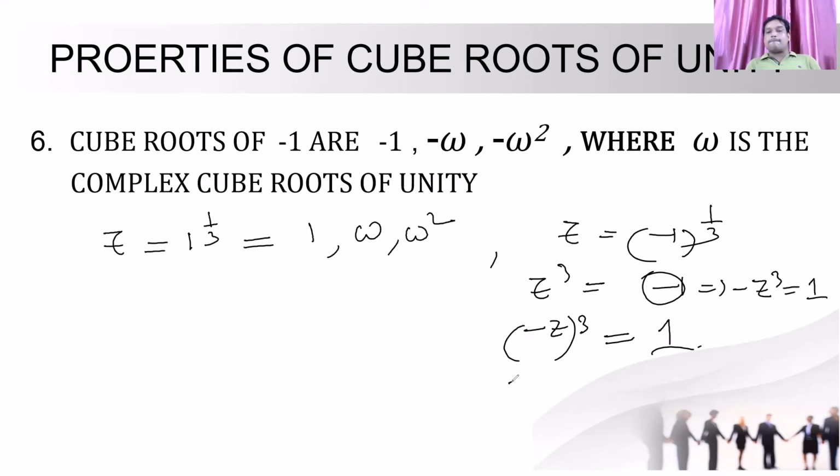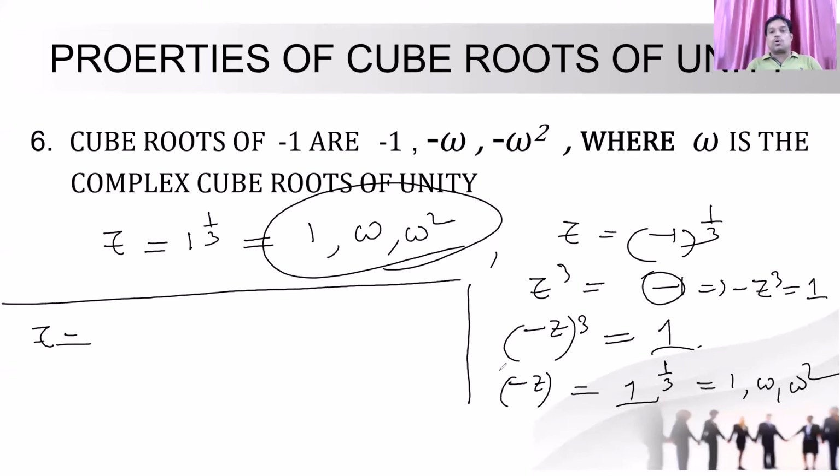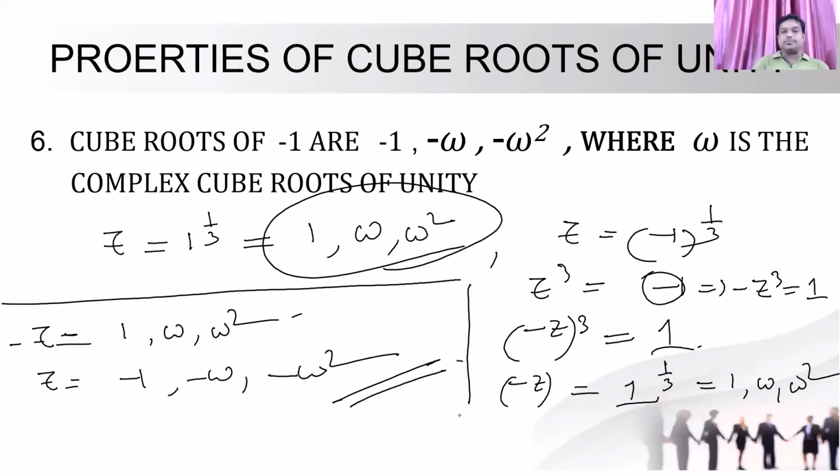So now minus z equal to what? 1 to the power 1 by 3. But 1 to the power 1 by 3, I know, is 1, omega, omega square. Now what will I do? So minus z equal to 1, omega, omega square. So z equal to what? Minus 1, minus omega, minus omega square. I think everyone understood this. Okay.